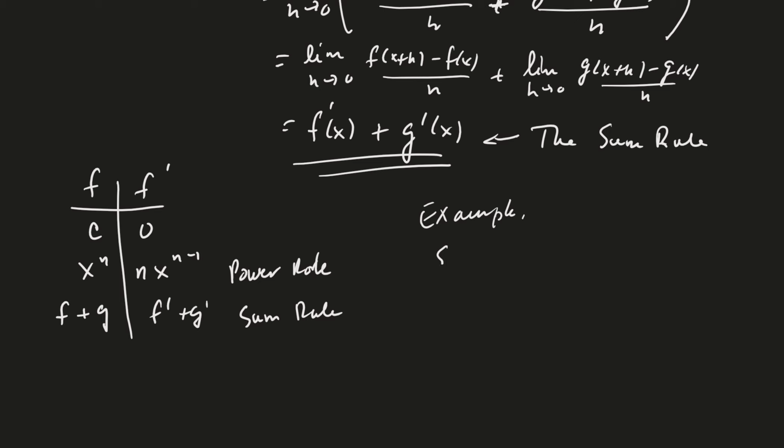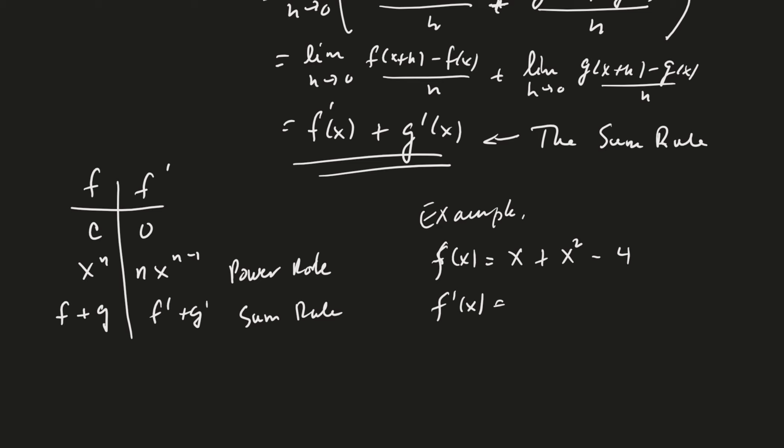So suppose f of x equals x plus x squared minus 4. Let's compute f prime of x. Now we're going to be using our rules.